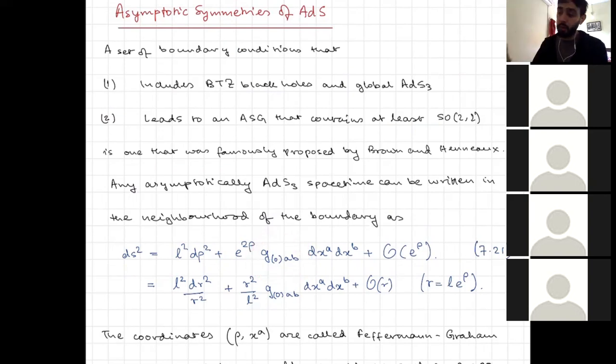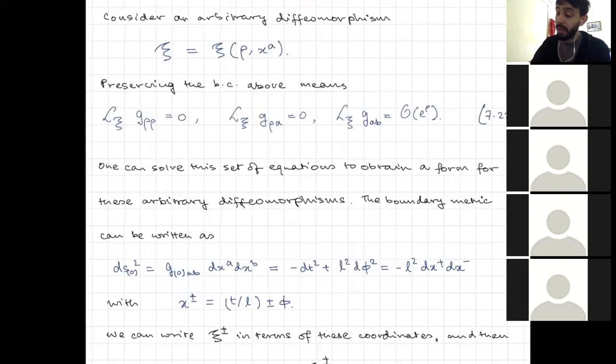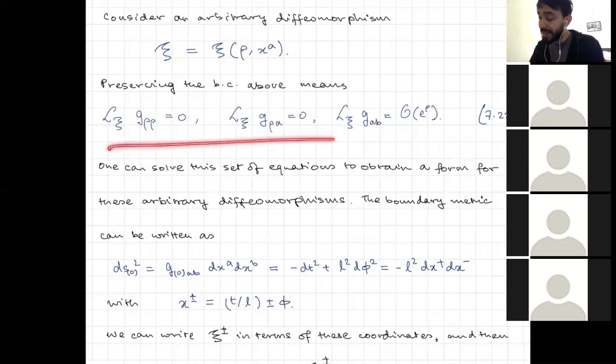It can only do so up to this order, exponential of rho. So the equation that you'll have to solve here is L_xi acting on g_AB giving something which goes as exponential of rho. If you solve these equations, you get a form of xi.